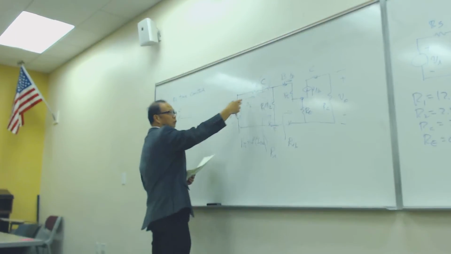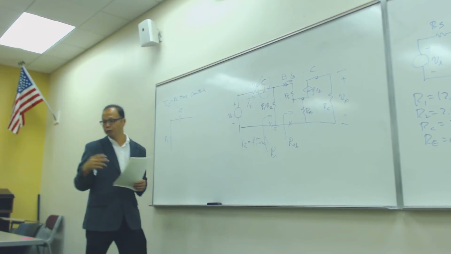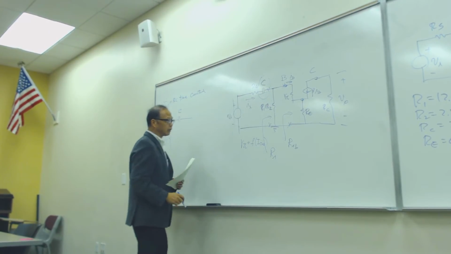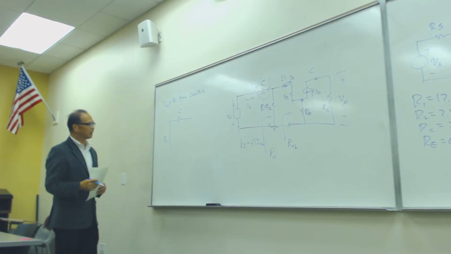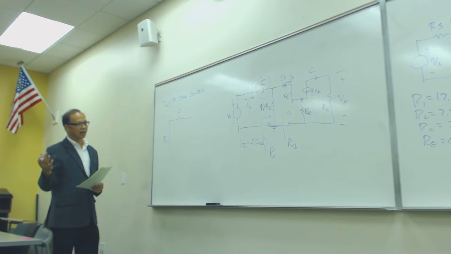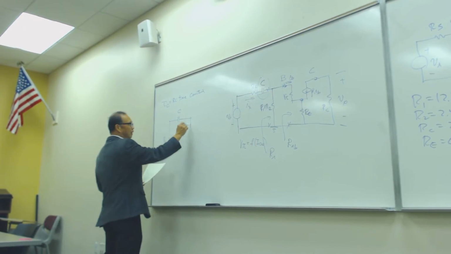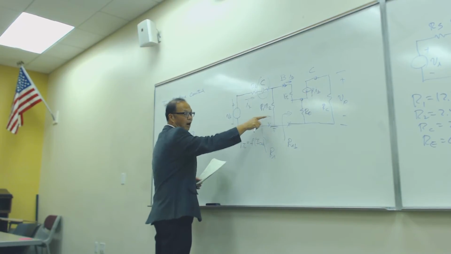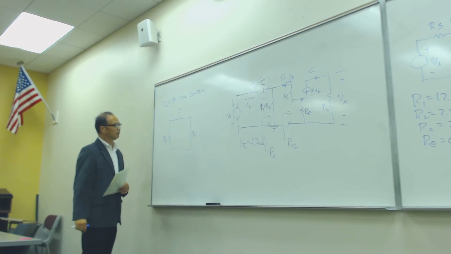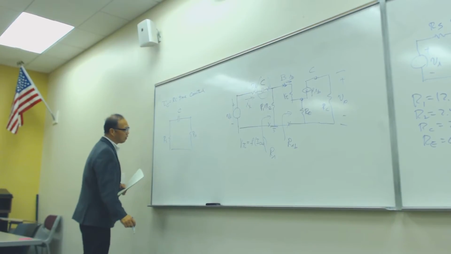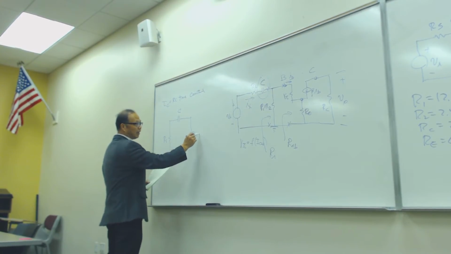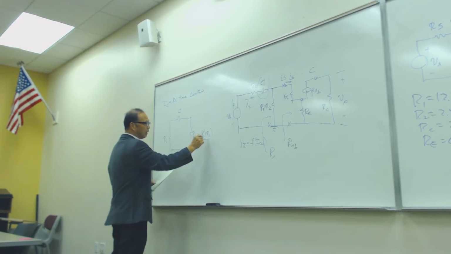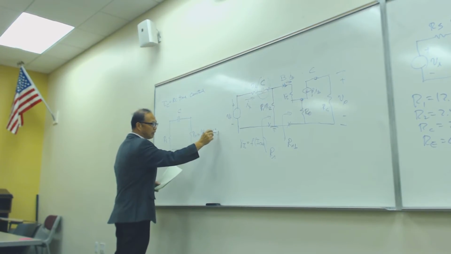Because when you try to look for the equivalent resistance, this is shorted. Yes, this is always shorted. Okay, so you have R sub S on one side. What do you have on the other side? Huh? R sub I, correct? Right here, R sub I. So therefore, you know what's R sub I, right? R sub I is R1 in parallel with R2, right? In parallel with RIP, yes?